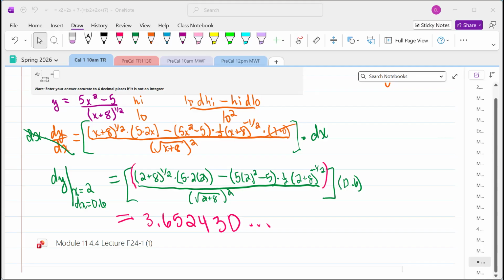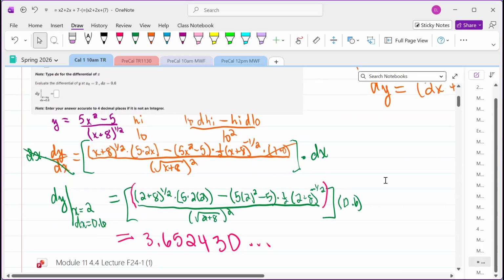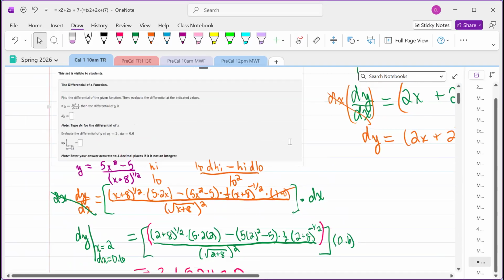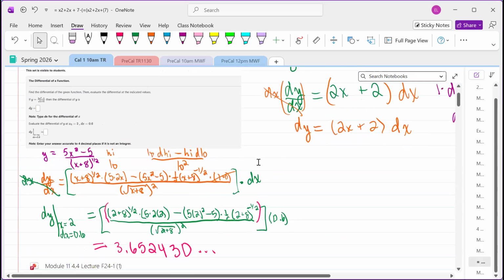Yep, it took that for the second answer. I am not wasting the time on typing in that top part. So questions on what these are asking when they ask for the differential of y are ways to kind of think through that.